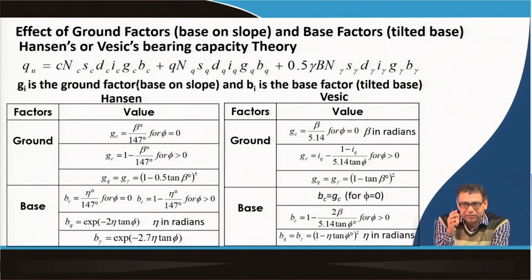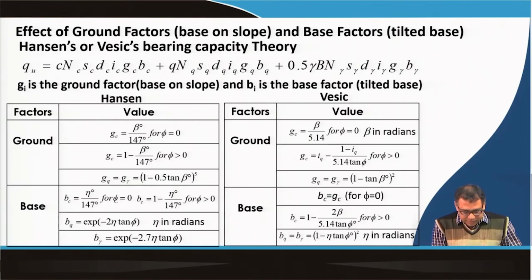So, now how can I get the ground factor and the base factor? This is the Gc expression, where beta is the slope angle, in degrees, if phi equal to 0. Gc can be determined by using this equation if phi is greater than 0, and Gq and G gamma can be determined by using these equations for any phi value.